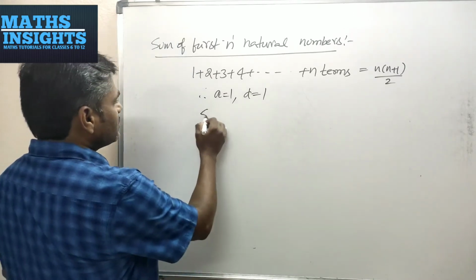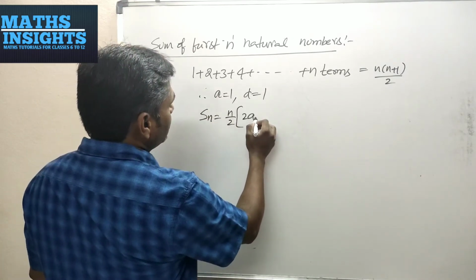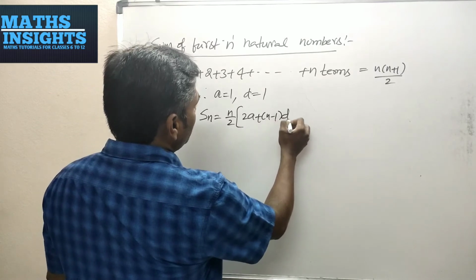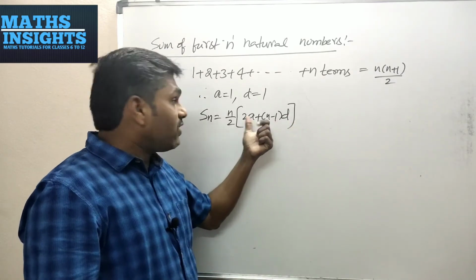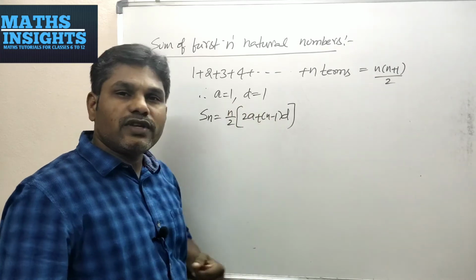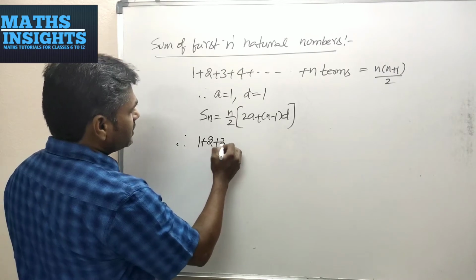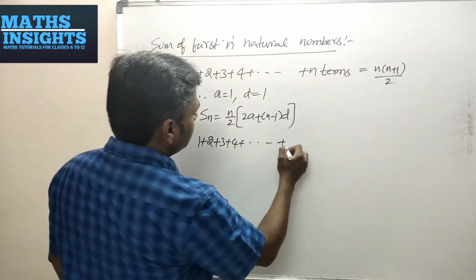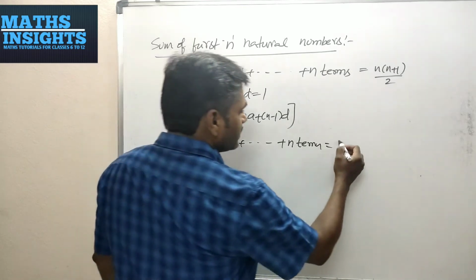And you know the formula, sum to n terms, n by 2 into 2a plus n minus 1 into d. Here, you know a value is 1 and d value is also 1. Therefore, 1 plus 2 plus 3 plus 4 and so on plus n terms is equal to, I will write n as it is.